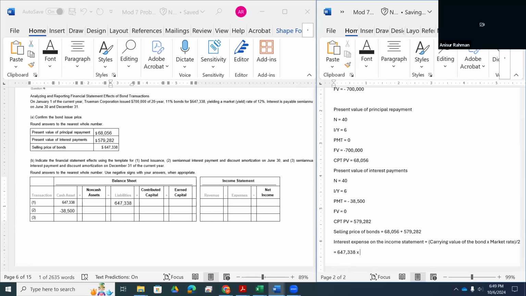And our market rate is 12%, all divided by 2. So if you do this, you should get 38,840.